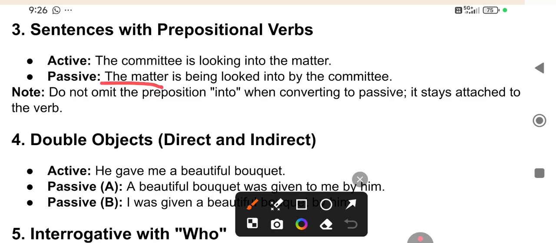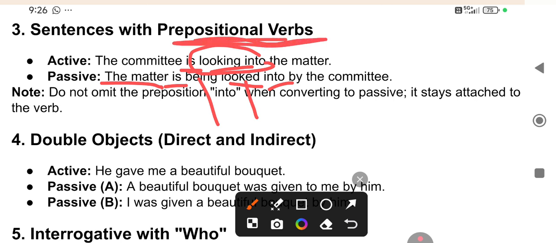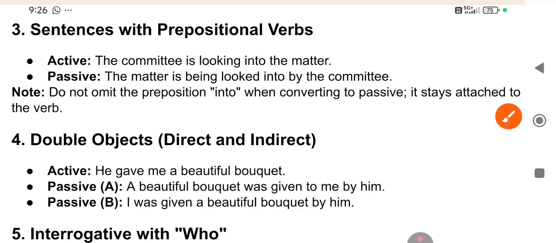So: the matter is, because matter is singular, then the extra helping verb being, look, the main verb, becomes the third form of the main verb, looked into. That's the prepositional verb. Into is a preposition: looked into, and by the committee. Very simple.